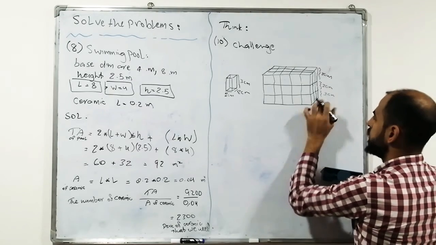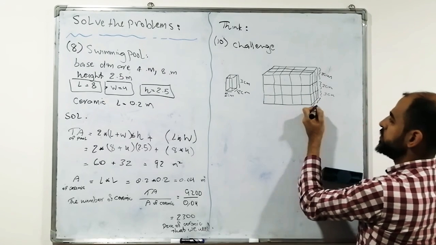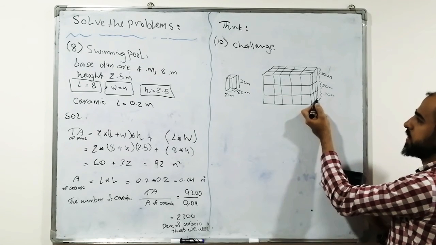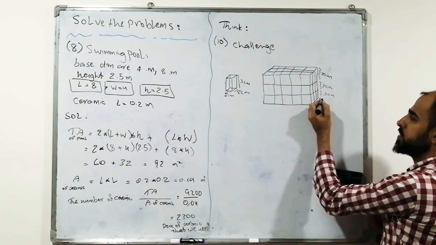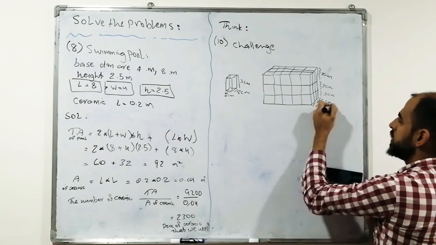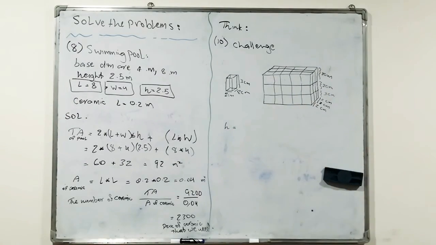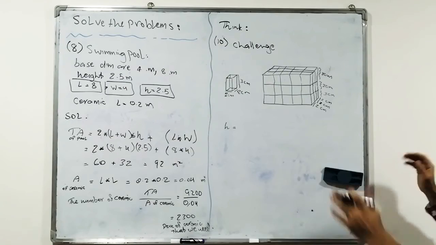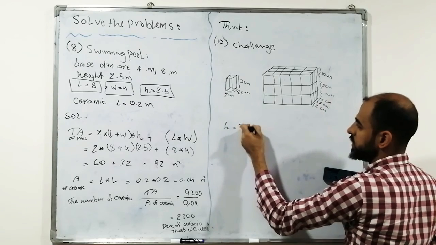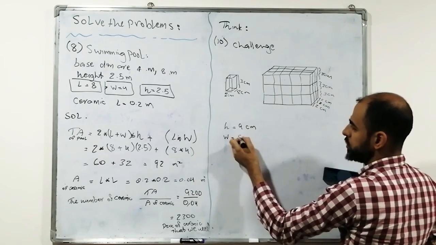And we have the width, which is 2 centimeter, with the width of the second parallelepiped also 2 centimeter, and the width of the last parallelepiped also 2 centimeter. Then the height of the biggest figure that we formed is 3 plus 3 plus 3, which is 9 centimeter, and the width is 2 plus 2 plus 2, which is 6 centimeter.